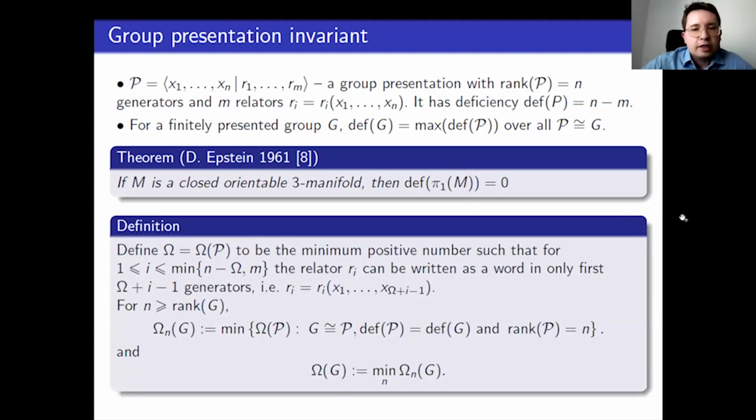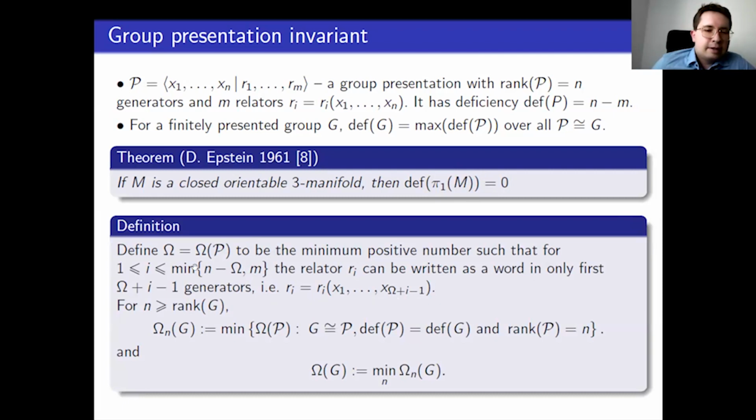And we introduce the following invariant omega of a presentation, which is the minimum number such that in a given presentation, we can write the first relator using the first omega generators, the second relator using the first omega plus 1 generators, and so on.